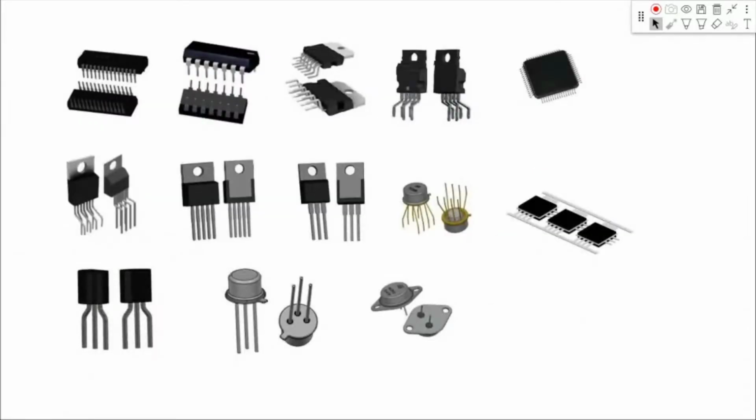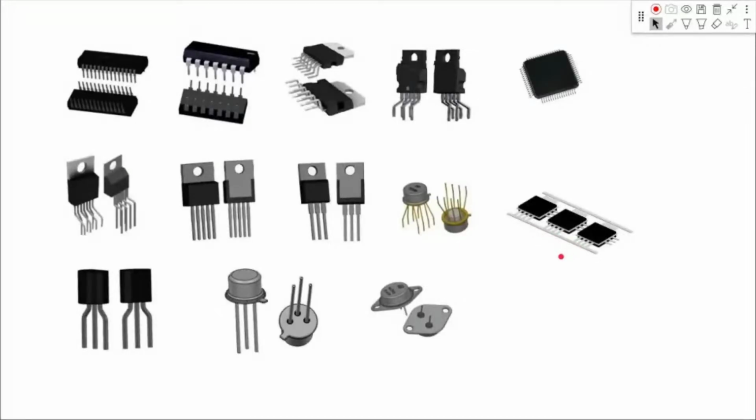So here are some examples of ICs. You can see that this one, and this one, these are called metal pack or transistor pack. There is a button sort of structure, a can sort of structure, and then there will be pins coming out. Okay, these are what are called flat packs.